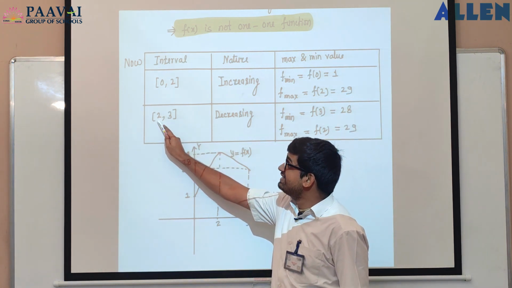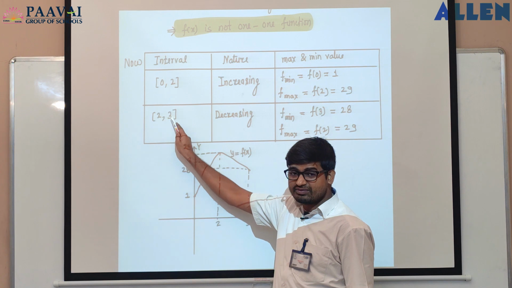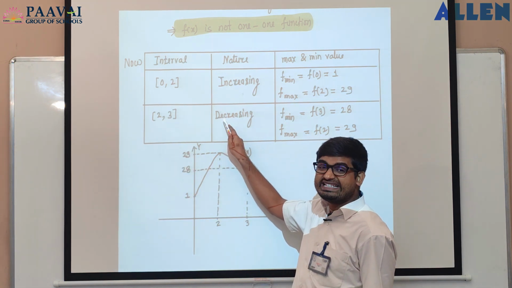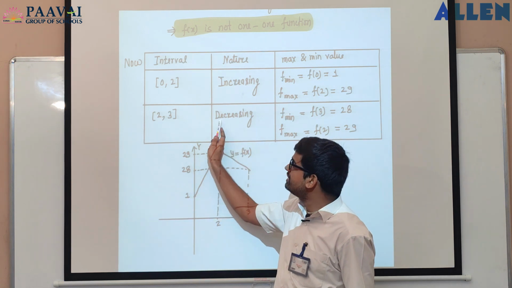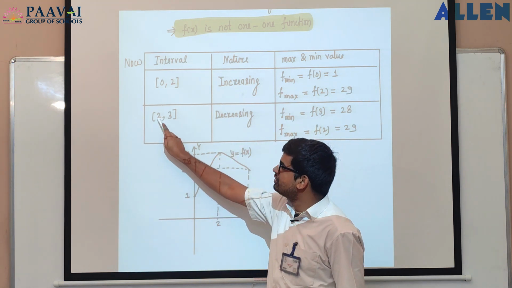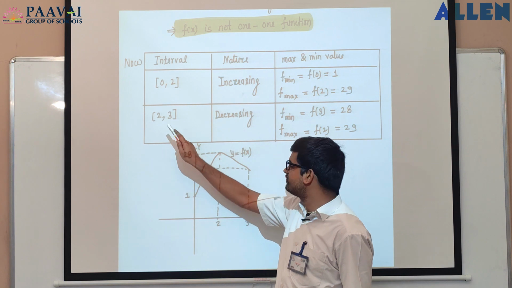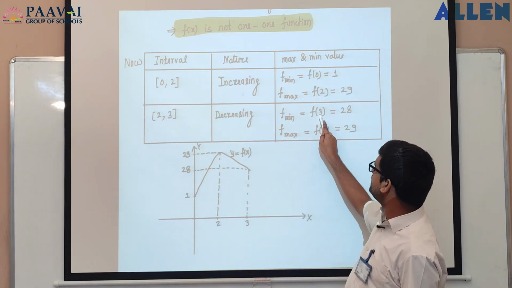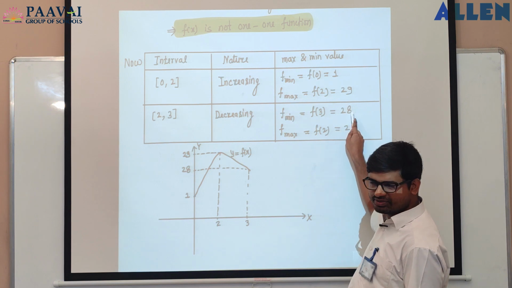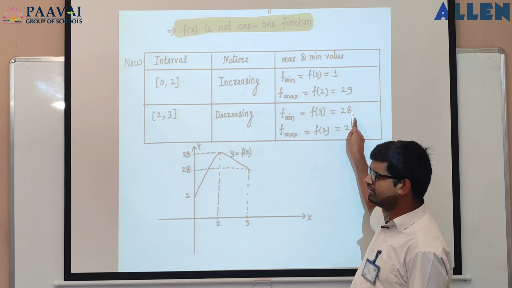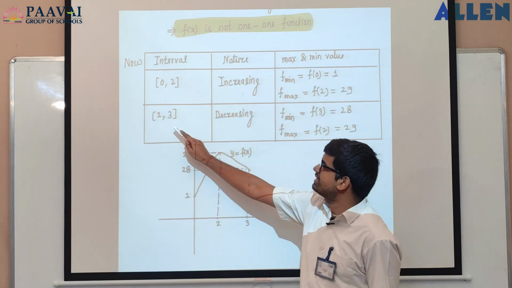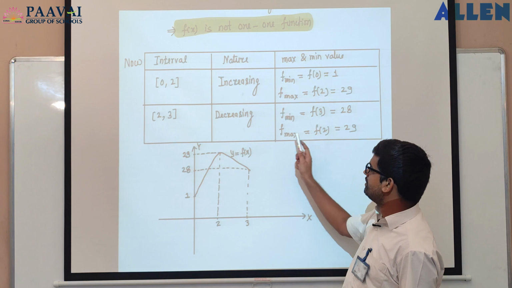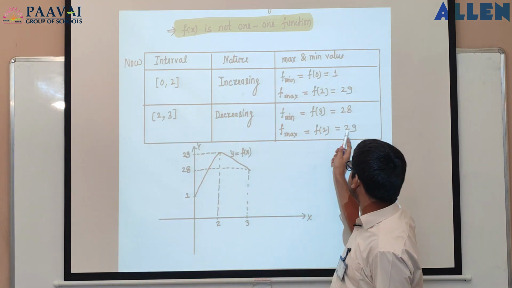Now if I take the closed interval [2, 3], this function is decreasing. In case of decreasing, the maximum would come at 2 and the minimum would come at 3. So the minimum value would be f(3), that is 28, and the maximum value, substituting x = 2, is 29.